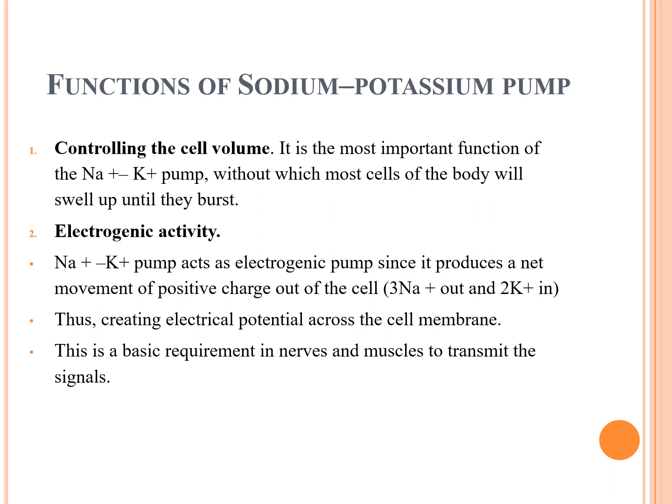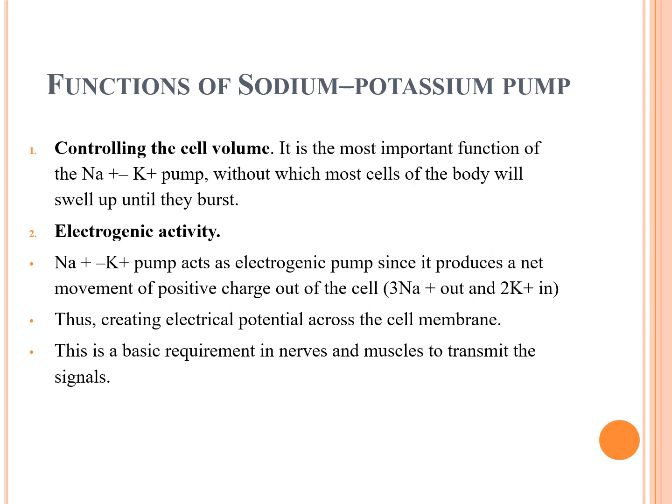So if the positive ions move inside, because of the osmosis of water, the cells will swell and they'll burst, and this is prevented mainly by the action of the sodium potassium pump. So the sodium potassium pump controls the cell volume, and this prevents the osmosis of water into the cell, and prevents the swelling and bursting of the cells.